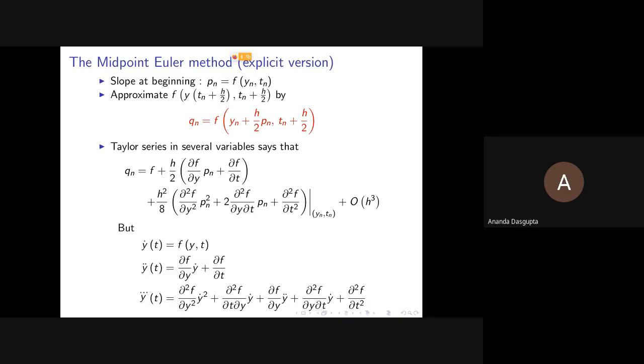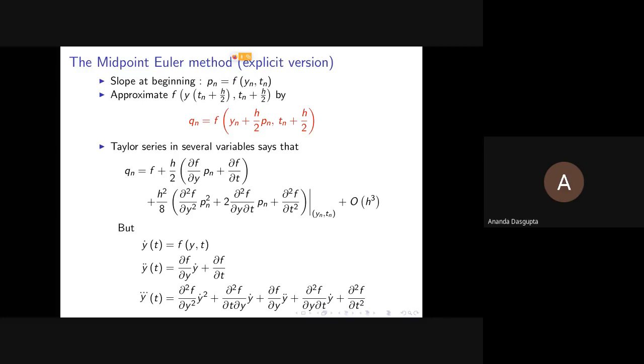Now, this is Qn. But what we need ultimately to find y at Tn plus h are the derivatives y dot, y double dot, y triple dot, and higher order derivatives at the time Tn, right? Because that's what is going to go into the Taylor series expansion for y.